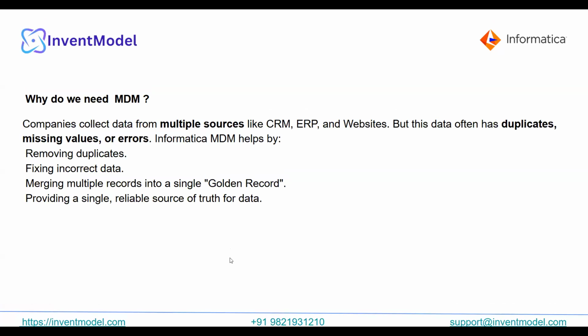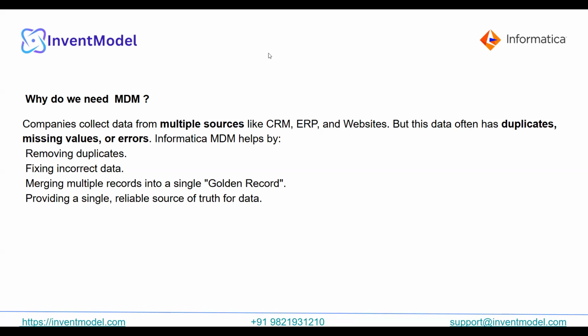So this is what we have. How do we get the golden data? Because we apply certain rules, cleanse functions, and match and merge, then we get a single copy of the records.